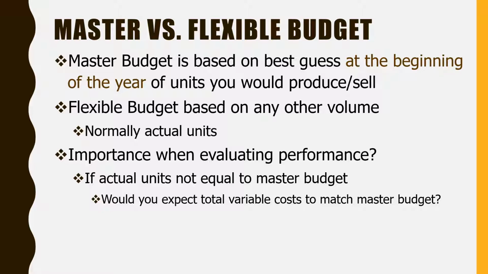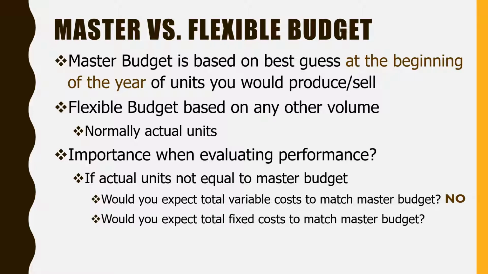And hopefully you're screaming out the words, no way, because the whole idea of variable costs is that as units change, variable costs change as well. So you know by definition, because it's a variable cost, you would not expect the cost to stay the same when units change.